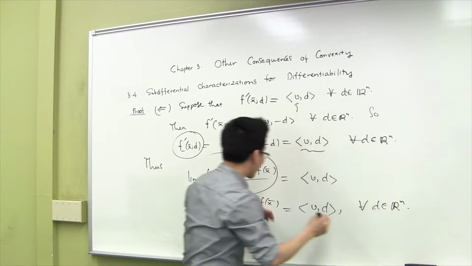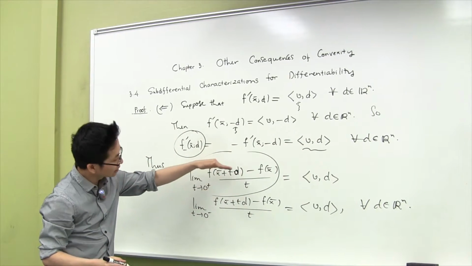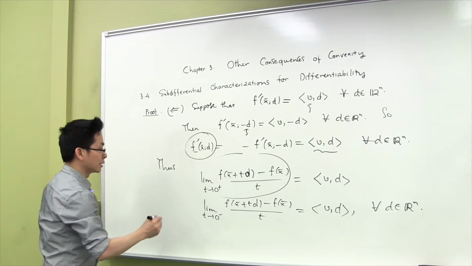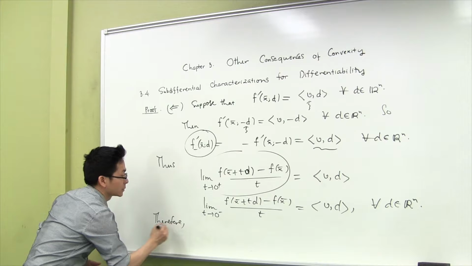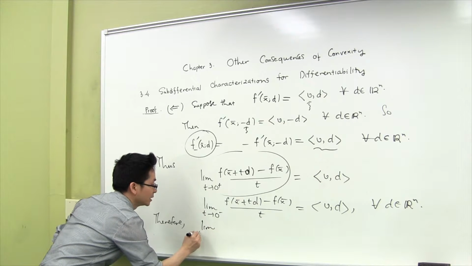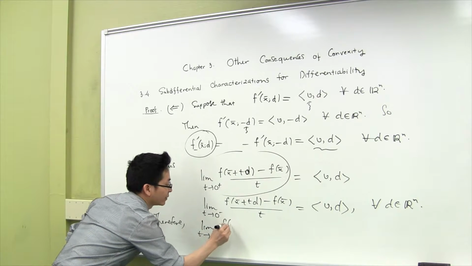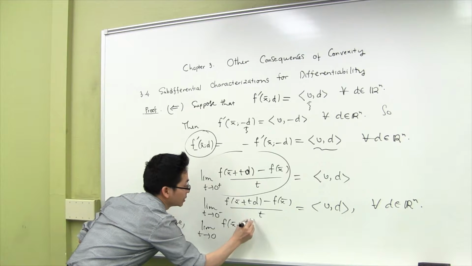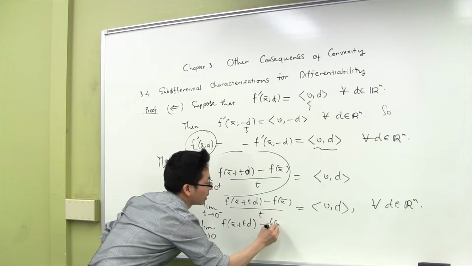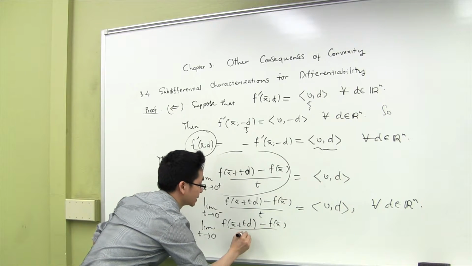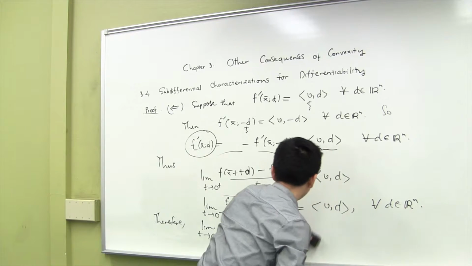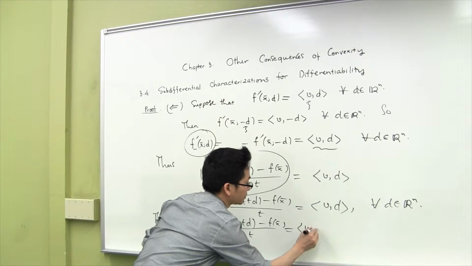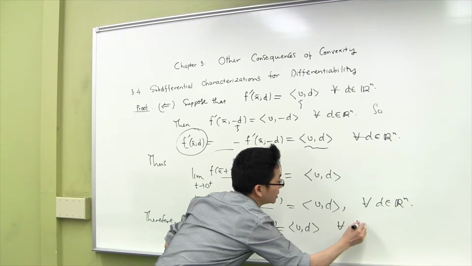Okay? Combining this equality and this equality, we see that the limit as t approaches 0 of f of x bar plus t times d minus f of x bar over t is actually equal to the inner product of v and d for all d in Rn.